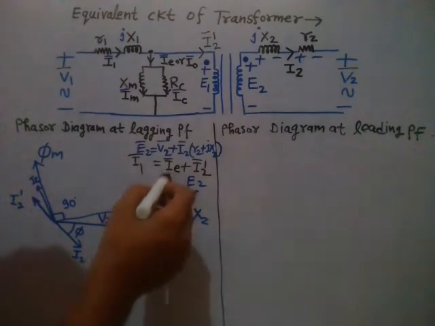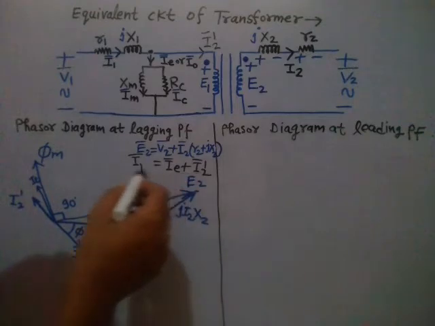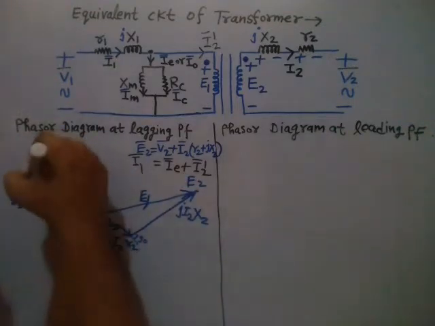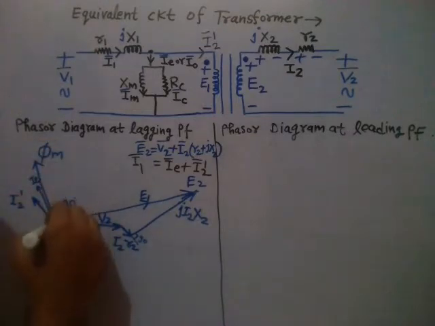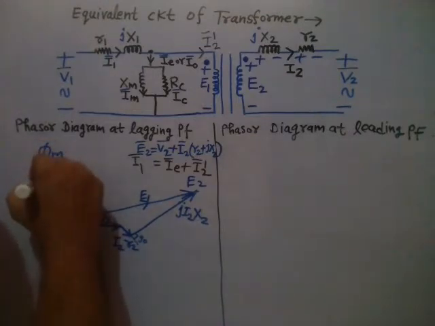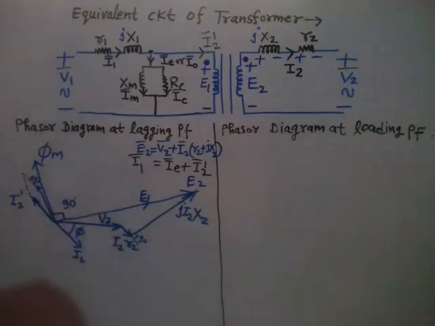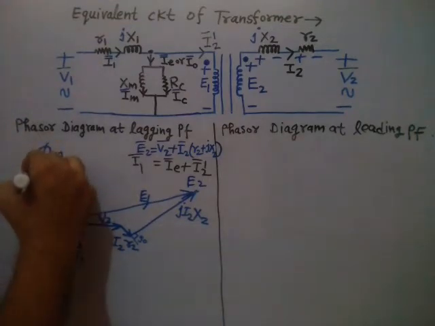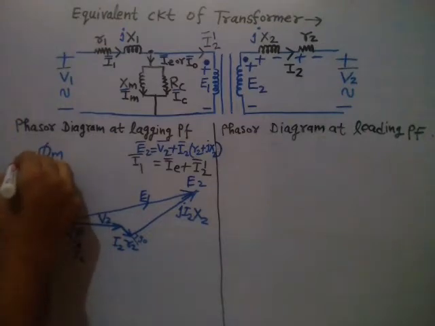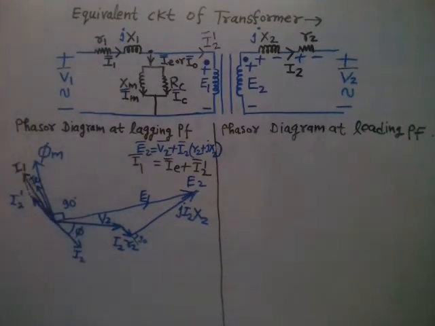So here you just take the phasor sum of IE and I2 dash to get I1, right? This is basically my primary current I1.